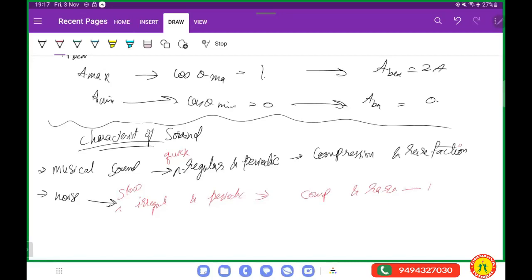They may change amplitude. Here, they may not change. No sudden change.